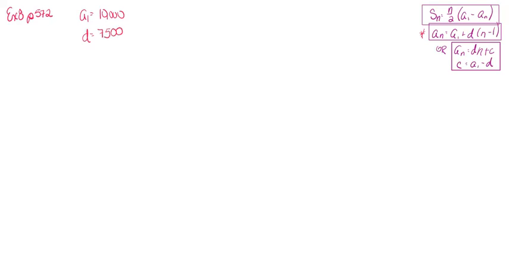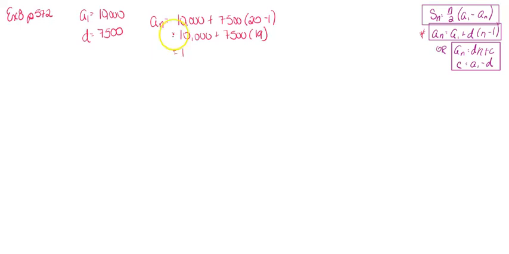So up here, to find how much I made in the 20th year, which I need in order to find the sum of the first 20 years, I am going to take how much I made in the first year, which is $10,000, plus $7,500 times the number 20 minus 1, times 19. So I have 10,000 plus 7,500 times 19.